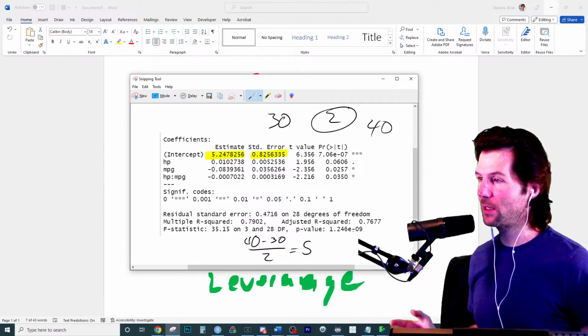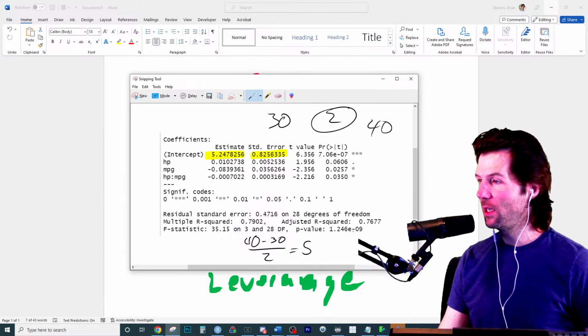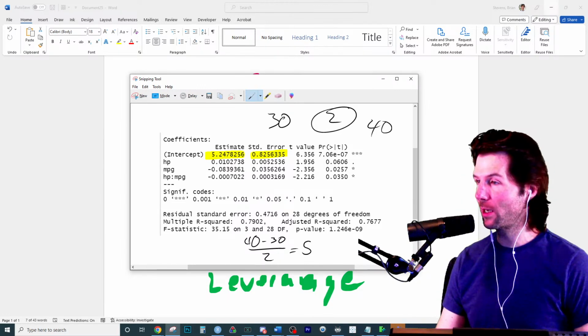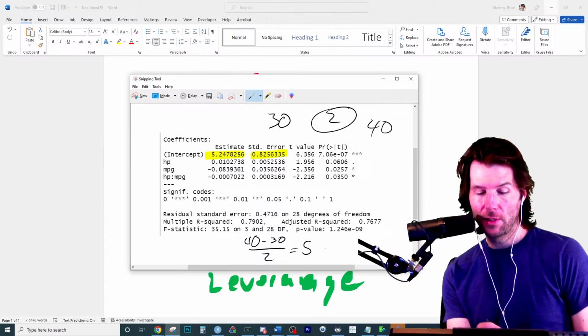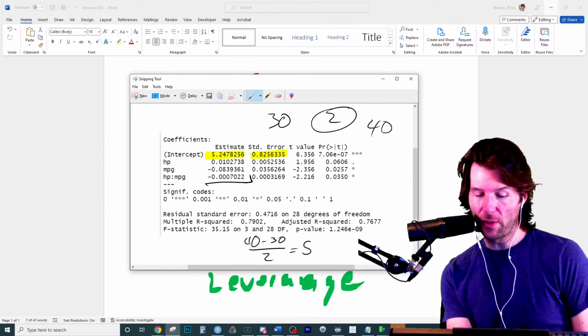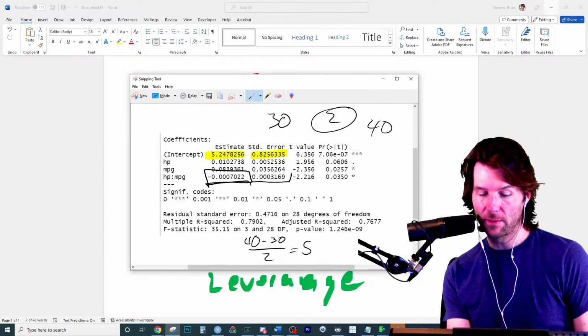So we have t-statistics to put everything in context, because even though the intercept has the largest value, it actually has the most uncertainty. So you would say something like, oh my gosh, the interaction is so small. That can't really play a role in this model. But the interaction's uncertainty is also very what?